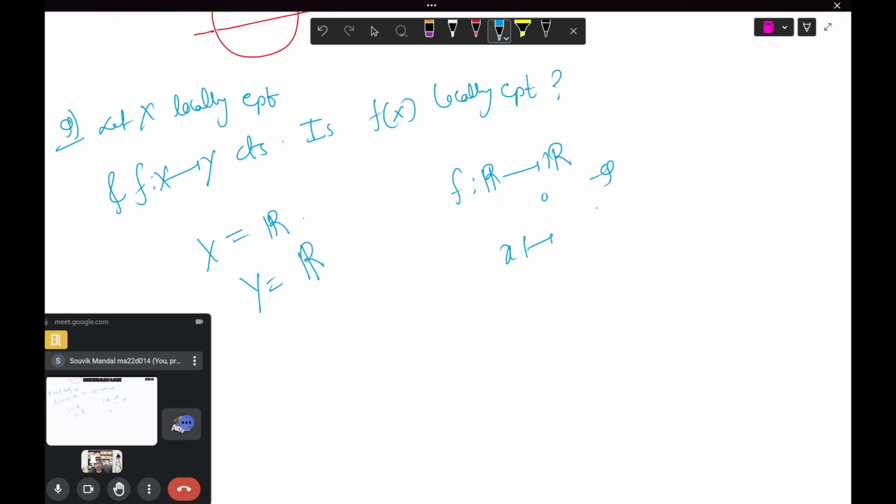Yes, sir. So firstly observe that this function is not continuous. Yes, sir, it is continuous only at zero. So try to think about a continuous function.